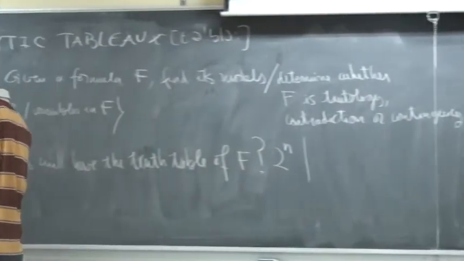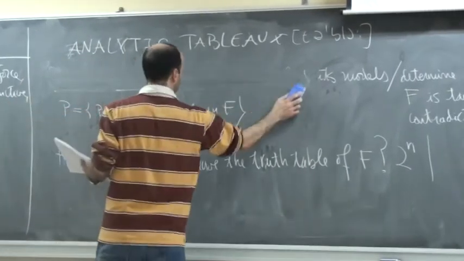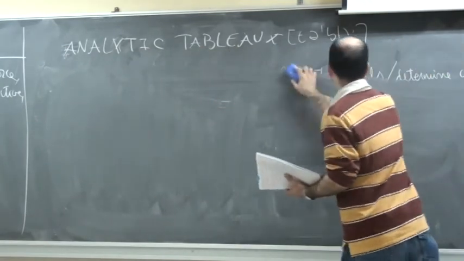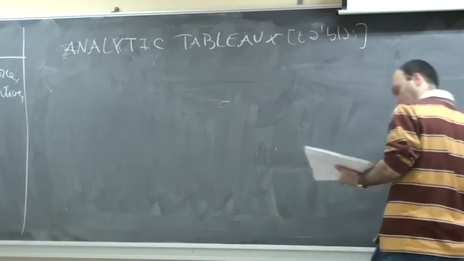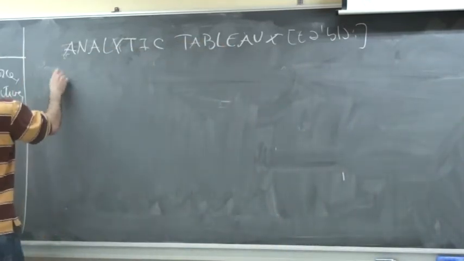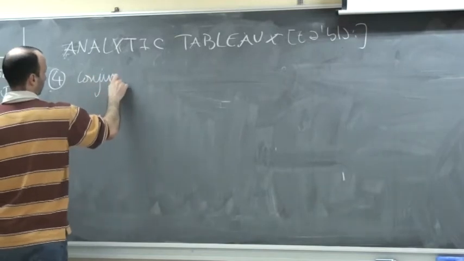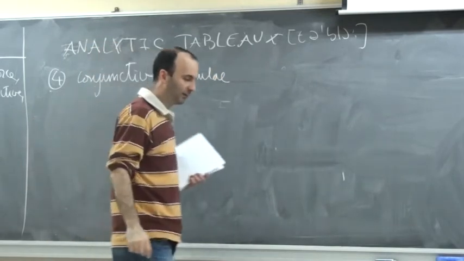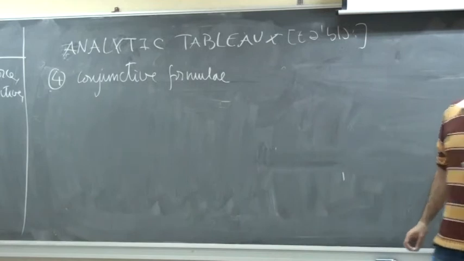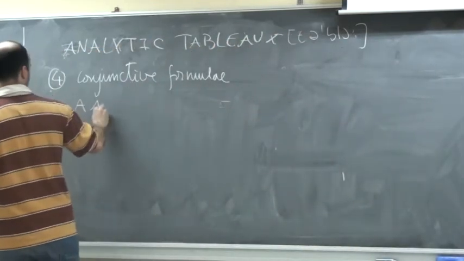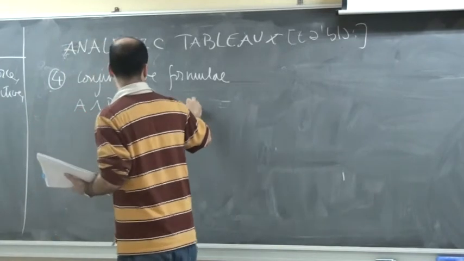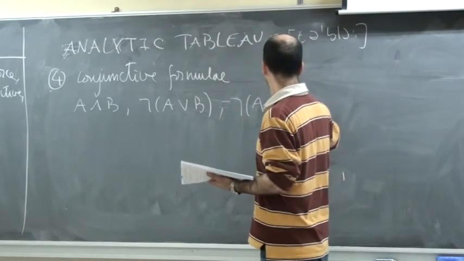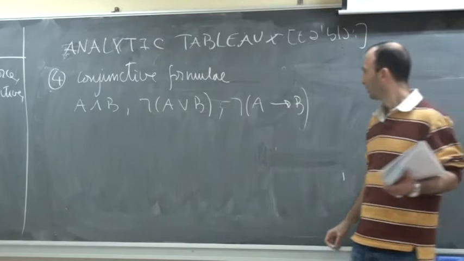Okay, and finally, conjunctive formula. Well, we have only three. A and B, not A or B, and the negation of A implies B. Right?